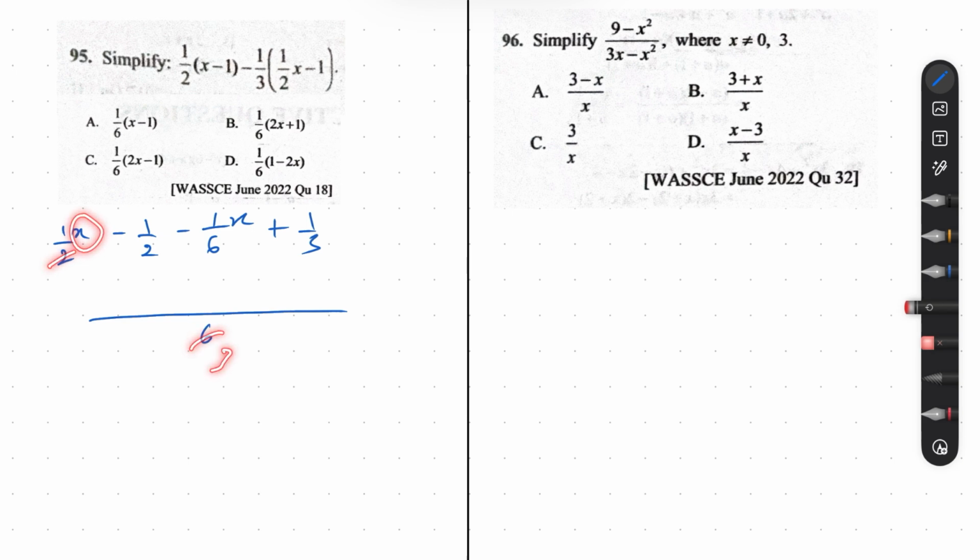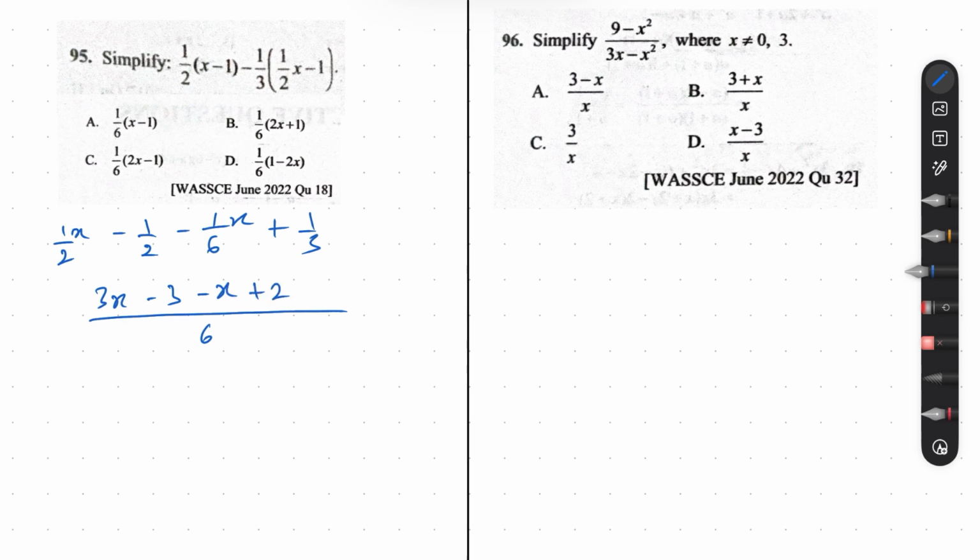Similarly, this goes here 3 times, multiplies this. Similarly, this goes here once and multiplies this. Here goes here twice and multiplies this. Okay, so we do that. So we have 3x minus 3 minus x plus 2.